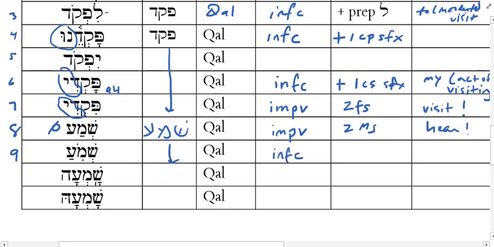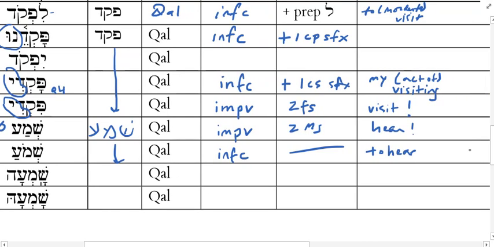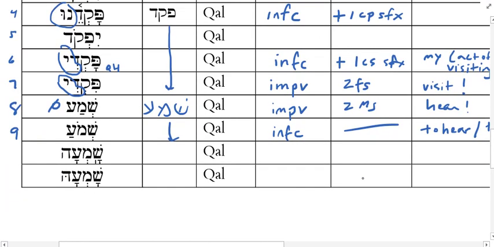Do infinitive construct forms have any person, gender, number? Nope. So I'm going to leave that blank. And I can translate that as to hear, right? Because I'm not referring to any specific person's hearing, to hear, or the act of hearing. All right? Does that make sense?